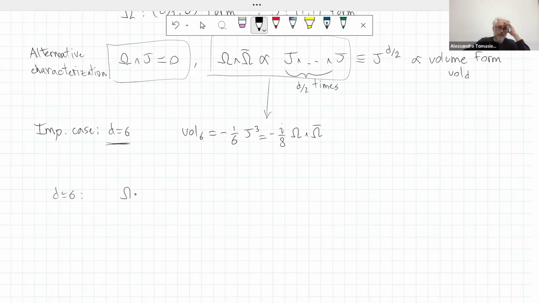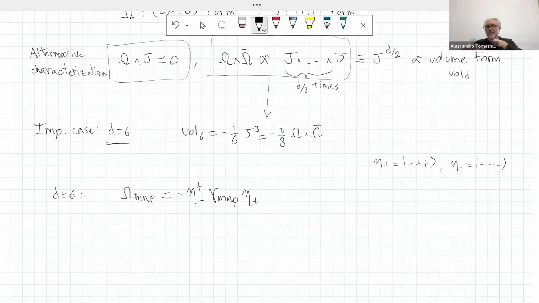So for omega, and what do I mean? So if eta plus is of this form, eta minus will be, in a sense, maximally distant from it, but we can also define it as the star of eta plus.